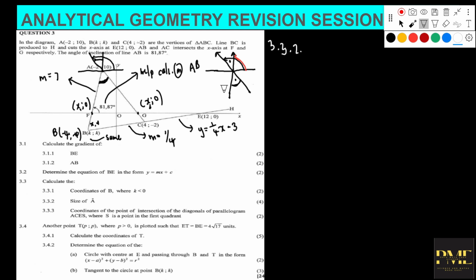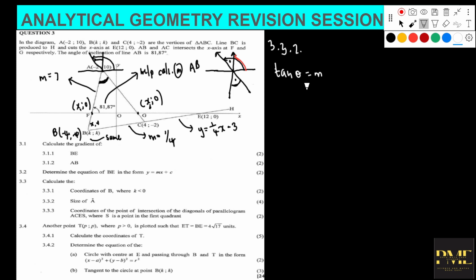We know that to calculate the angle made by the horizontal and a line, the angle of inclination, we say tan theta is equal to the gradient. But we don't yet know the gradient of AC, do we? No, we don't. So tan theta equals the gradient, which means we need the gradient of AC to calculate the angle made by AC with the horizontal.